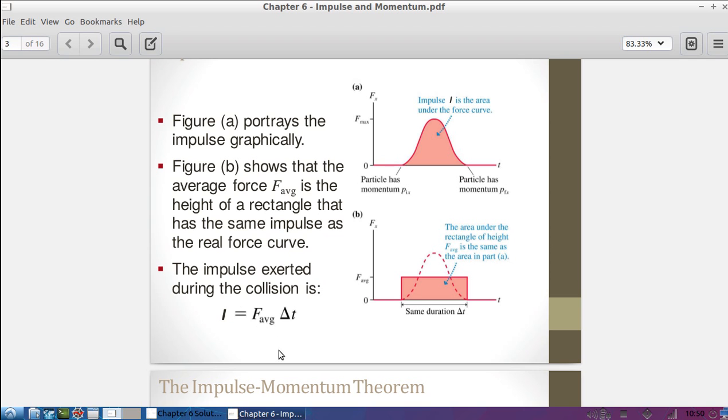So a force isn't always constant. If you remember back in chapter 5, we could take the area under a force position graph and calculate the work done. We can do the same thing here for impulse. You see this is force times time. Work was force times displacement. We have a force over a time interval that will generate a force time graph, and we can take the area under that curve and calculate the impulse.